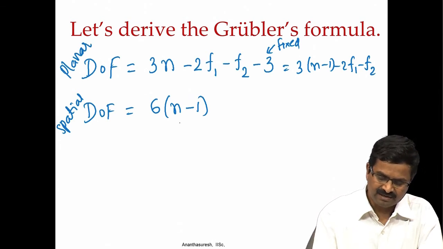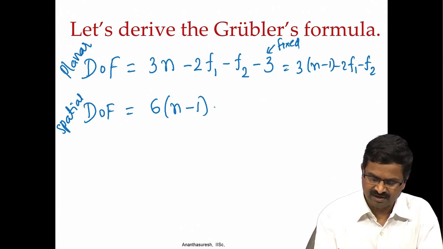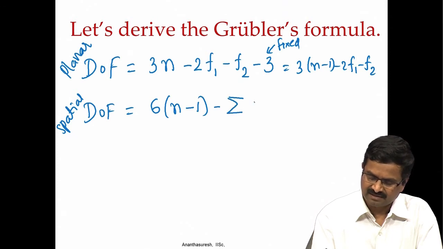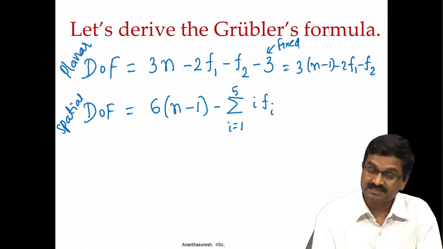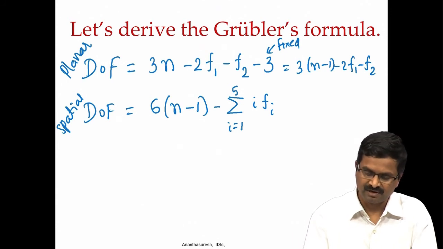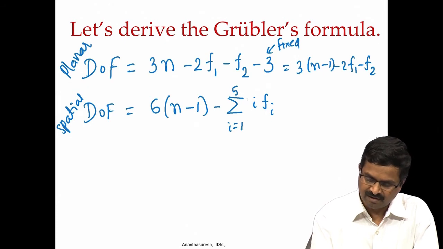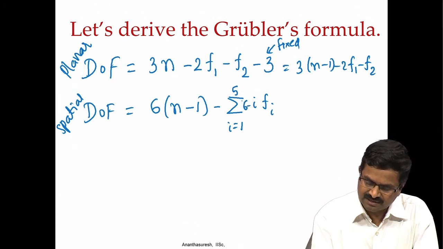If there are n bodies, 1 we subtract because that is fixed, and 6 is what each body has, we have that, and then we have, I can just write it as i into Fi, where i goes from 1 to 5, not 6, because 6 degree of freedom joint does not make sense, no joint at all. So, whatever we have here, minus 2 F1 minus F2, depending on this should be 6 minus i.